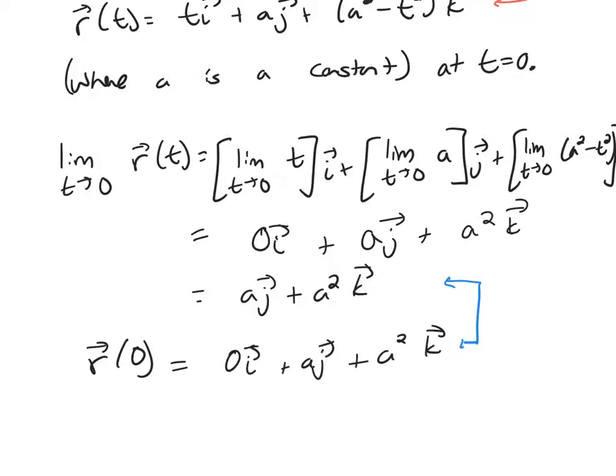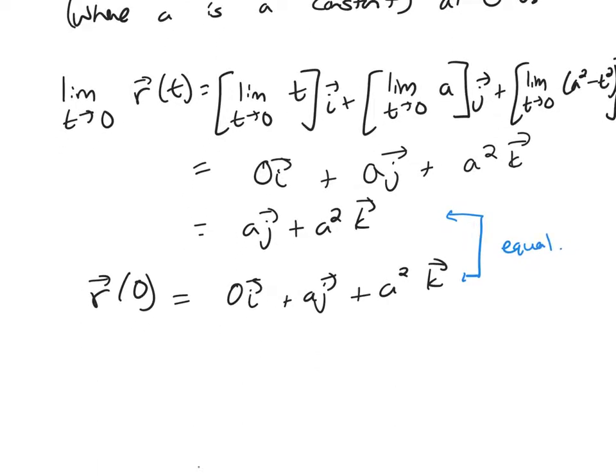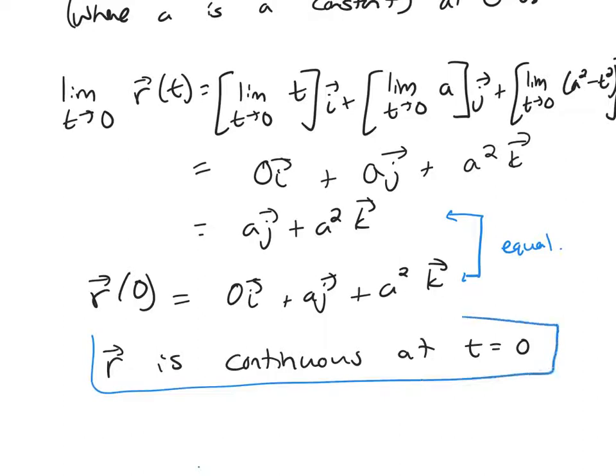These are equal, which is what I needed in order to be able to say this function is continuous. So I can now say r is continuous at t equals 0, because the limit existed and it was equal to evaluating my function at 0.